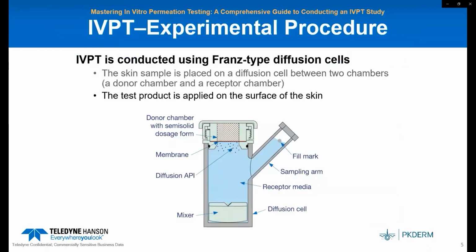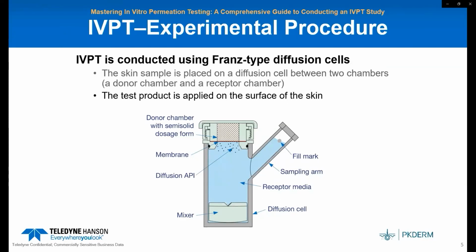Now, IVPT is typically conducted using a Franz diffusion cell. Franz diffusion cell consists of two chambers separated by a biological membrane like skin.